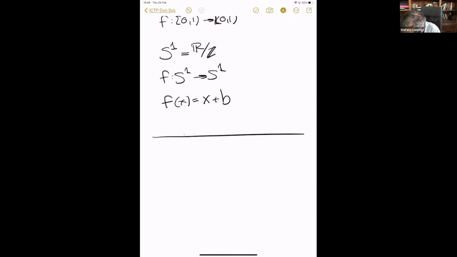If we're on the real line, you remember this was one of the examples we looked at. We just take x0 and then we add b, right? x1, x2, x3, x4, and so on. We just shift by b each time, right? So we have that xn is equal to x naught plus nb.